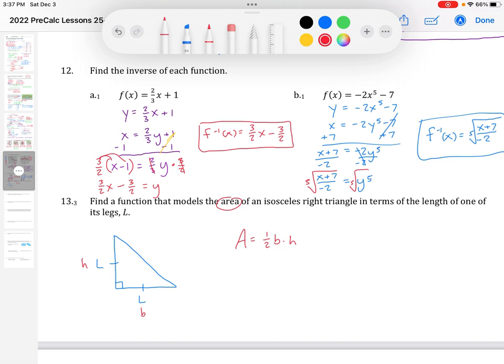So in an isosceles right triangle, your base is the L, your height is the L, so your area is just 1/2 L squared. So that would be the area of the isosceles right triangle in terms of one of its legs.